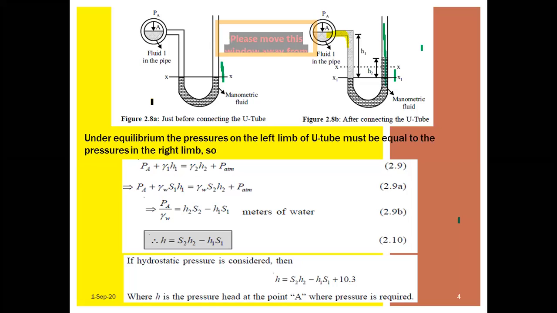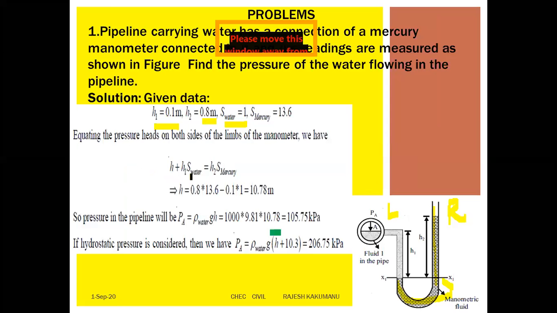Now, equating the pressure heads on both sides of the limb of the manometer, we have H plus H1 times specific weight of water equals H2 times specific weight of mercury. Here, why did we take H plus? It is the overall general height. Therefore, H equals H2, that is 0.8 into 13.6, minus 0.1 into 1, since this goes to the other side, equals 10.78.